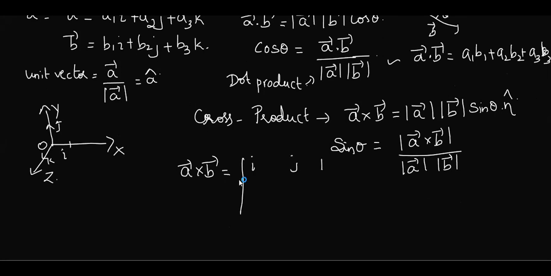Whenever you take a cross product, the first row is fixed as i, j, k. In the second row, you should write the i, j, k coefficients of the first vector to which you are applying the cross: coefficient of i for A is A1, j is A2, and k is A3. So the second row is meant for the i, j, k coefficients of the first vector. Similarly, the third row is meant for the i, j, k coefficients of the second vector. This is true for any cross product. So this is what I have to write here.